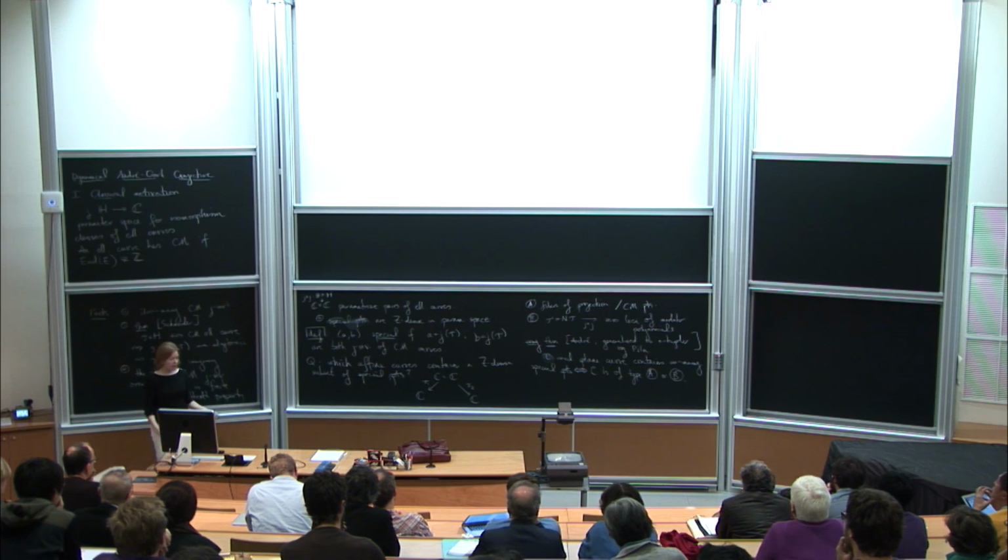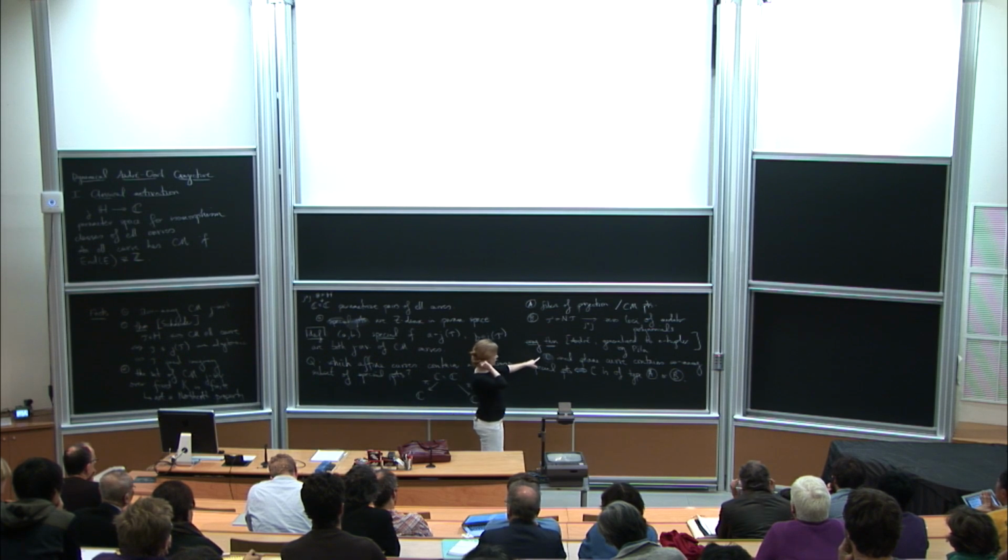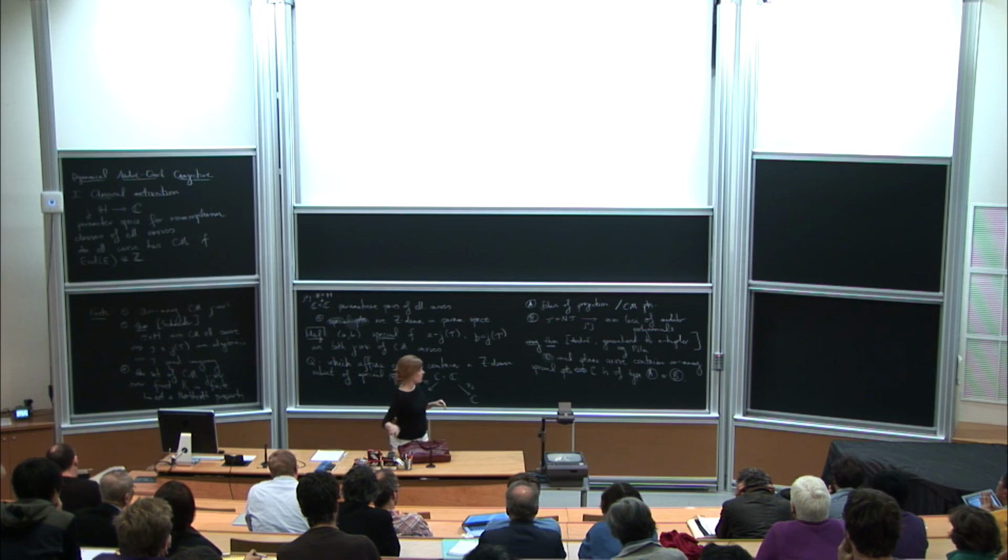And so this play of algebraic versus transcendental is sort of crucial to the proof of this theorem, and it will be in the dynamical setting as well. Okay. All right. Any questions so far?